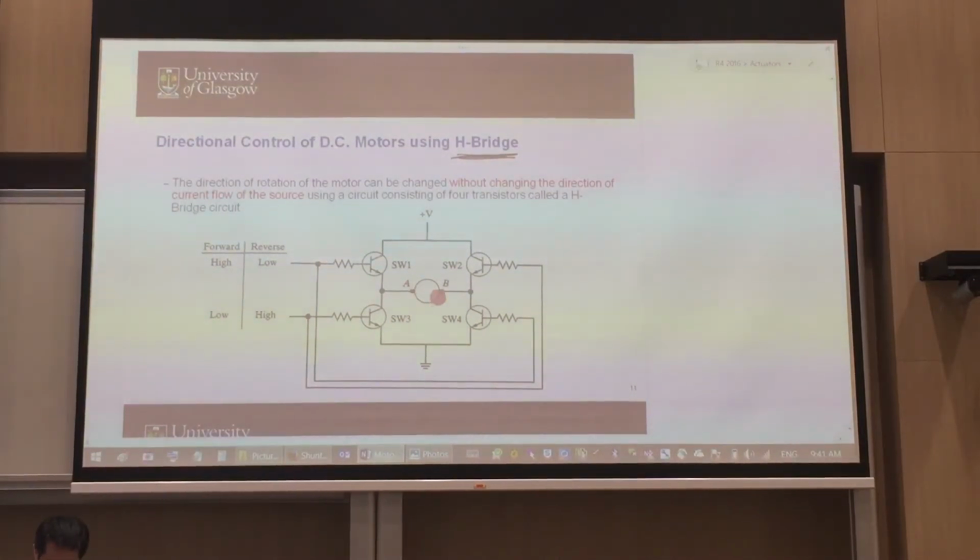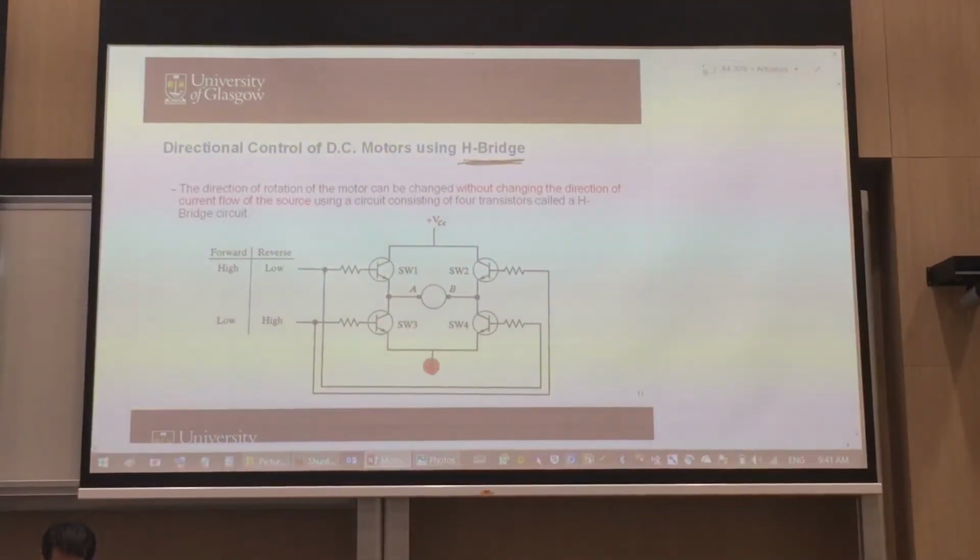This is your motor over here. This is your plus voltage for your VCC, and that is your ground. So current will flow from plus VCC all the way to the ground. And in between here, you have either your MOSFET or your IGBT.